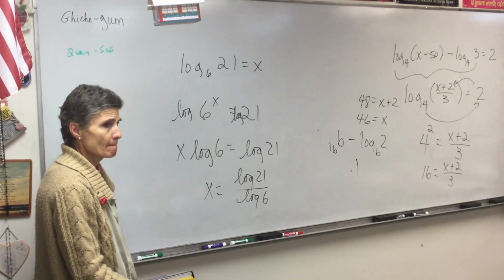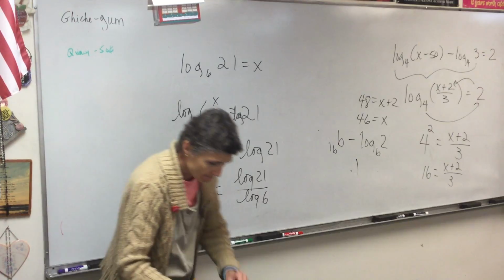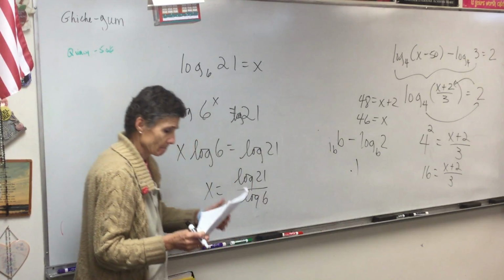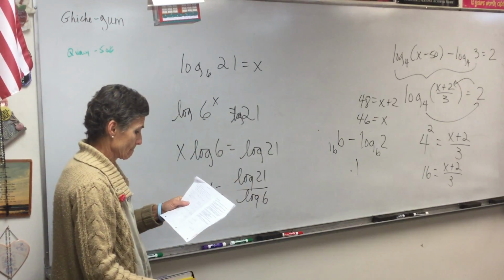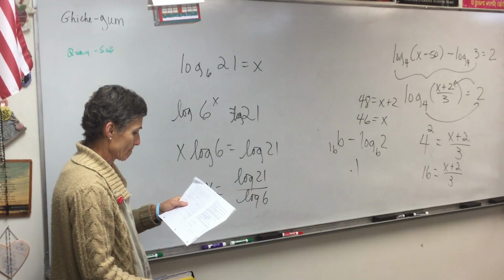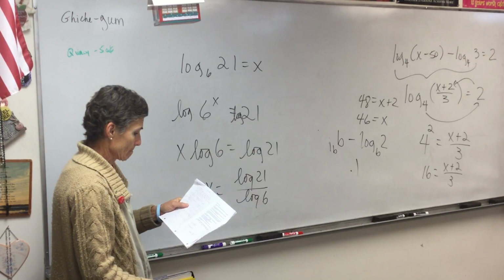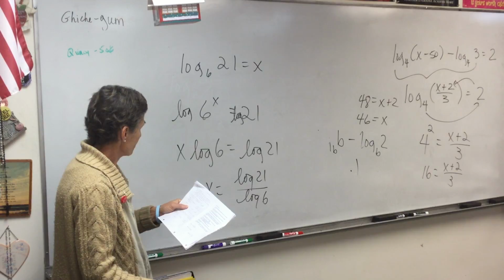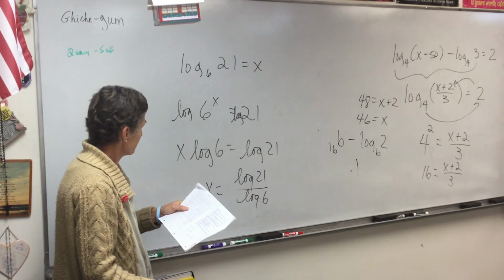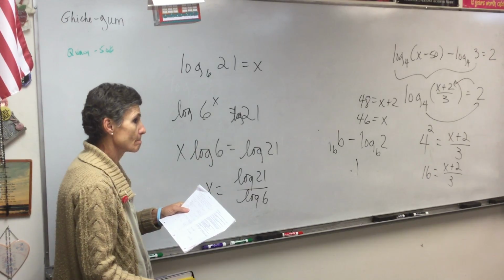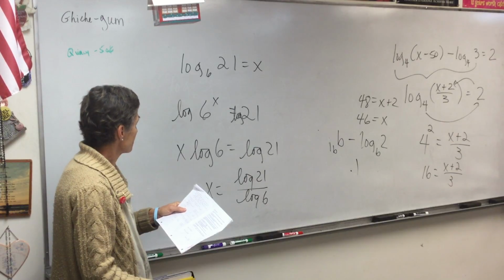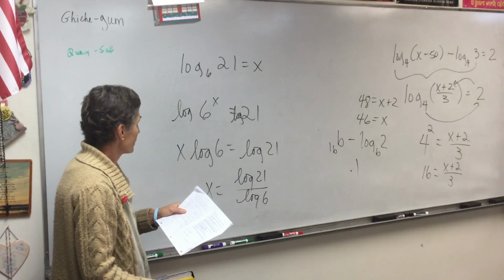On letter F, we didn't put ln x minus 2 divided by ln x plus 1. We just put ln in front. But on this one we put log on the front of both of them. But why did you say log 21 minus log 6?